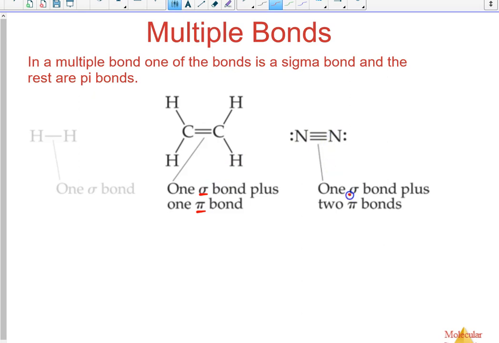You always have at least one sigma, and the rest would be pi bonds. We don't talk about quadruple bonds here, but we can just for a second. One sigma, three pi bonds. You okay with that? You'll never have more than one sigma bond in the same bond.